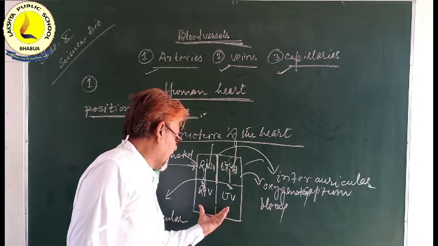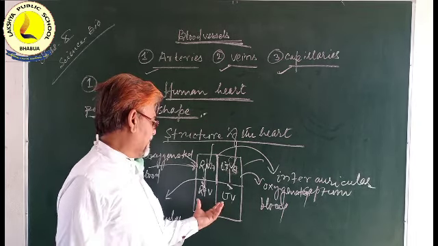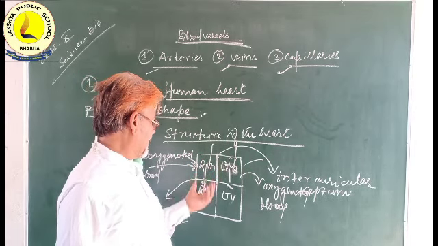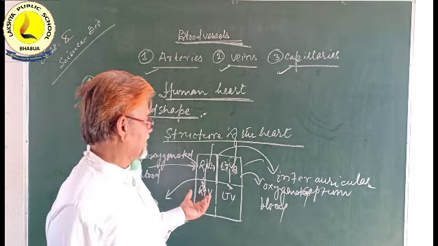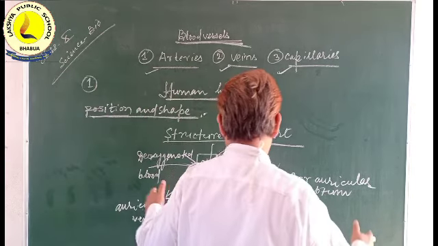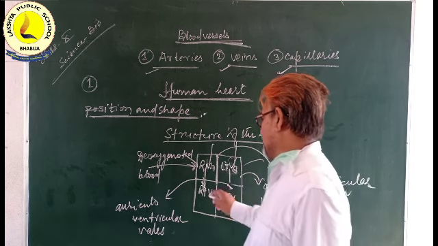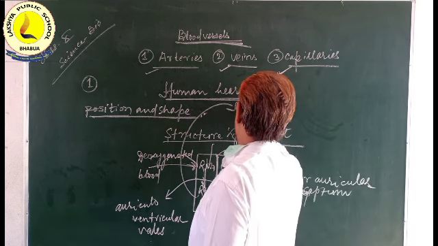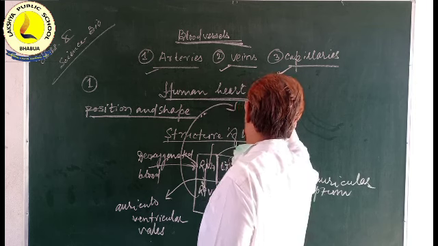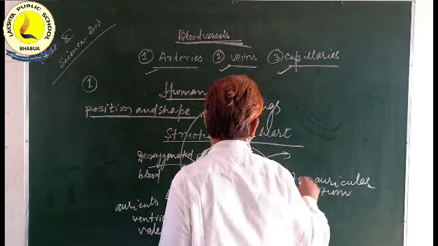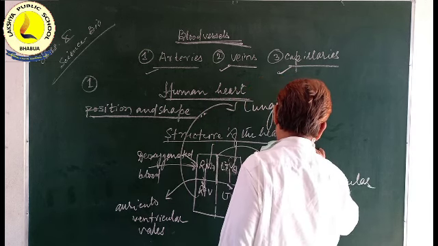Then the relaxation of the auricles is followed by contraction of the ventricles, and when the ventricle contracts, the blood goes from the right ventricle to the lungs for oxygenation, and from the left ventricle to the body through the great aorta.